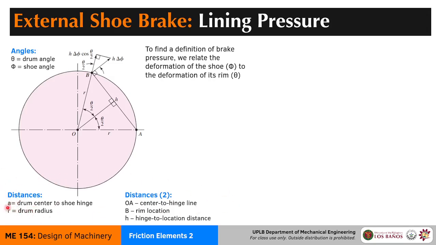Aside from A and R that we already defined, we have distance OA, which is the distance from the center to the hinge. We have B, the location of the rim. And of course, we have H, the hinge to location distance. So this is the distance of B from location A.